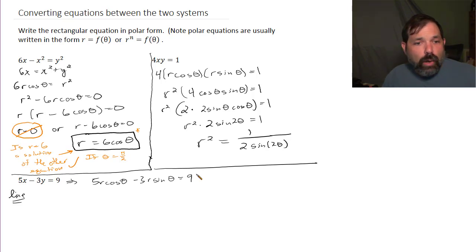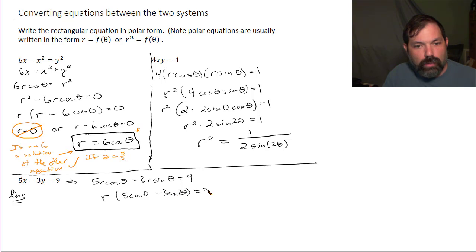Now, notice that both of those terms have an r. Let's factor out the r. So that's r times 5 cosine theta minus 3 sine theta equals 9. And so now I can isolate the r. r equals 9 over 5 cosine theta minus 3 sine theta.